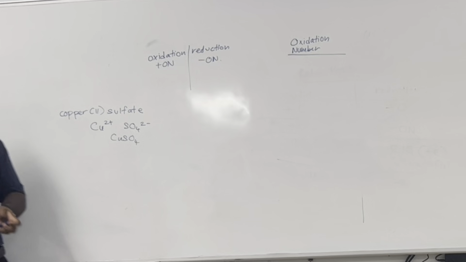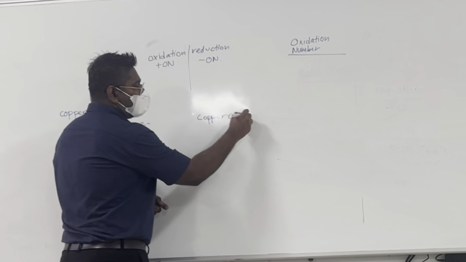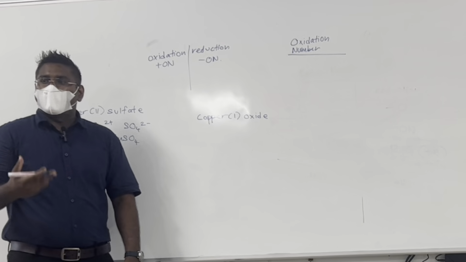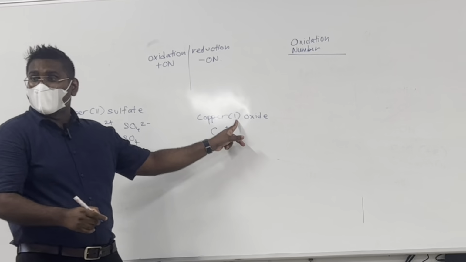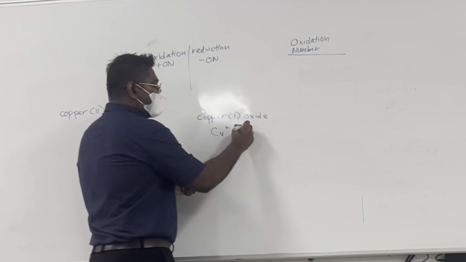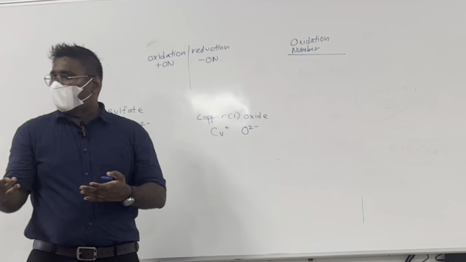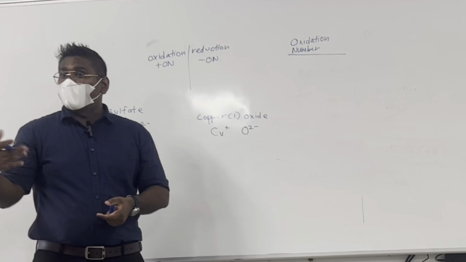If I write down copper 1 oxide, it is written as Cu+ because 1, and then oxide 2-. You can notice that oxygen is always 2-, because it is in Group 16, so they gain 2 electrons.